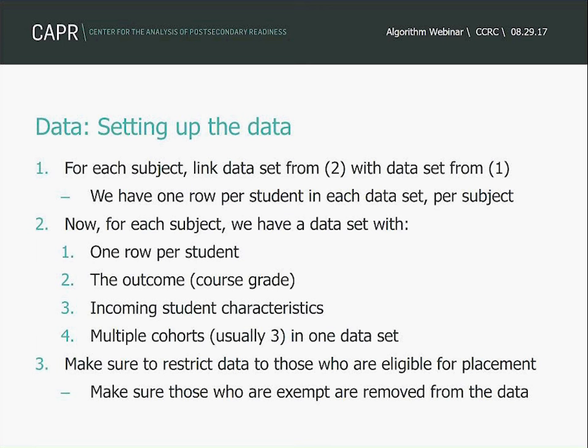Given that we're restricting the data to those who take the college level course first, these students largely have passed the placement exam, meaning they've scored above a certain threshold. So we won't observe students with, for instance, very low placement scores in the data.